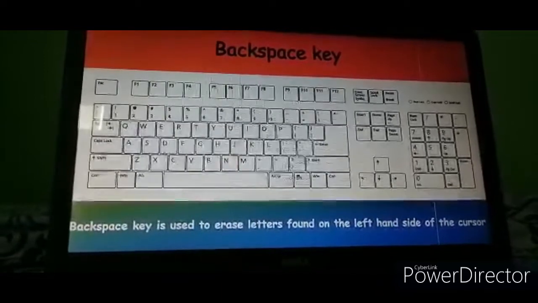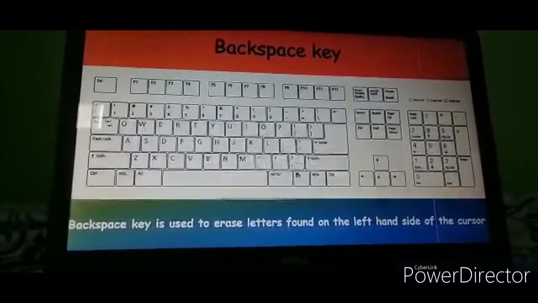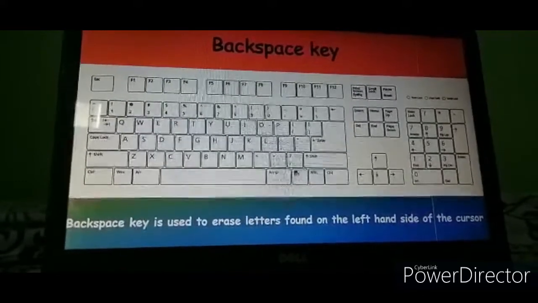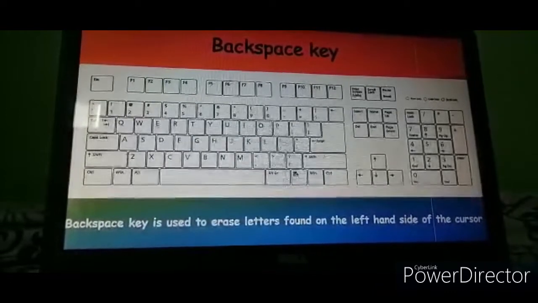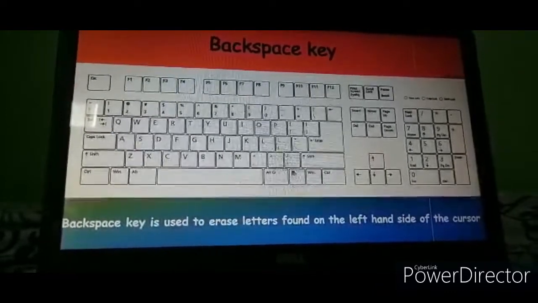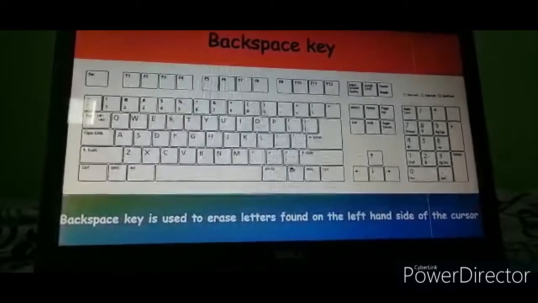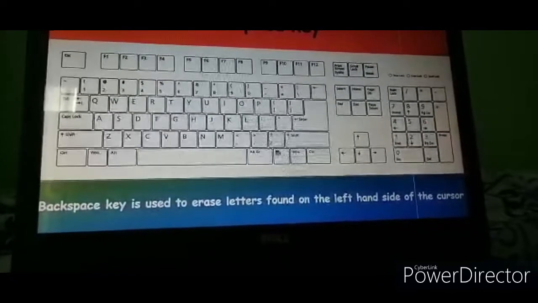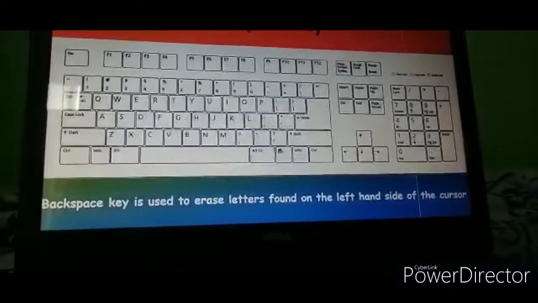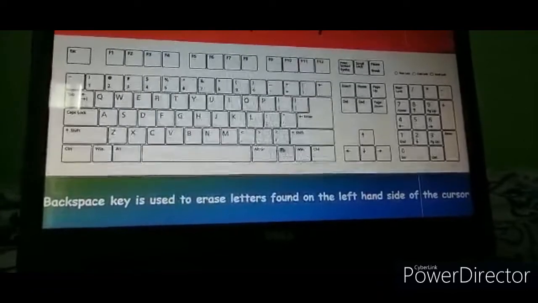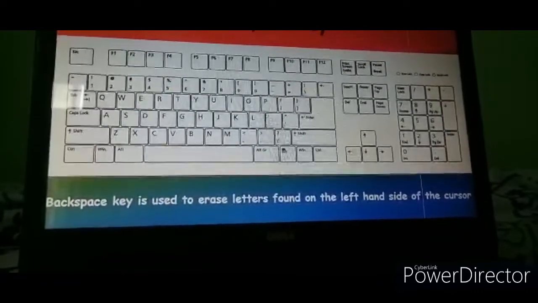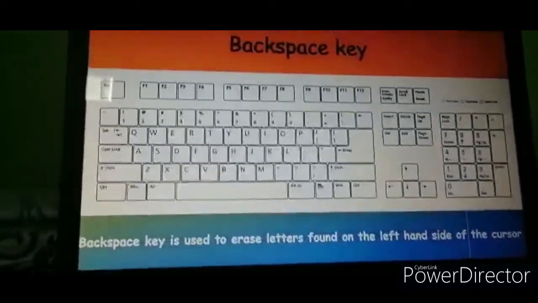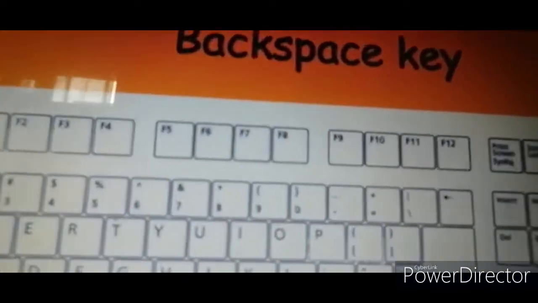Backspace key. Why do we use backspace key? We use it to erase letters or delete letters found on the left hand side of the cursor. Now, where is the backspace key? The backspace key is the arrow here.